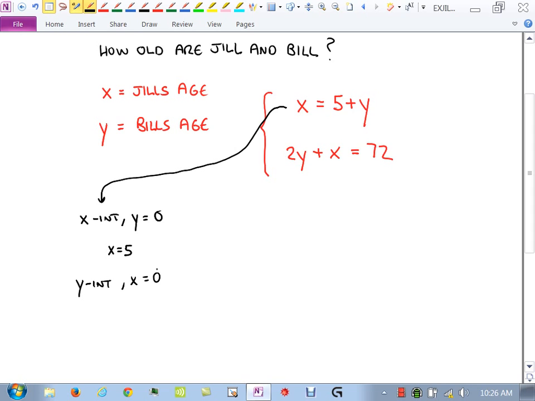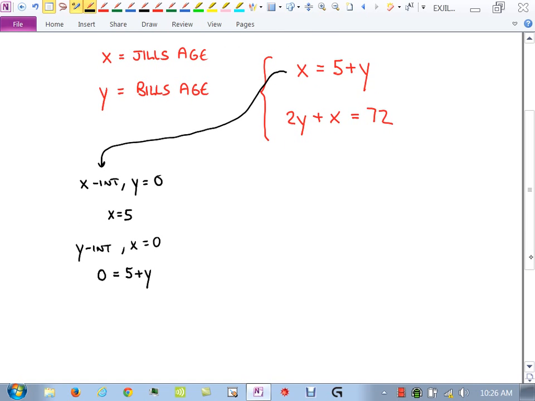What happens if you set x to 0? 0 equals 5 plus y, which means y is what? Negative 5. Good. Now, I'm not going to plot these yet, okay? But that's my x and y intercept for that first line. Questions?